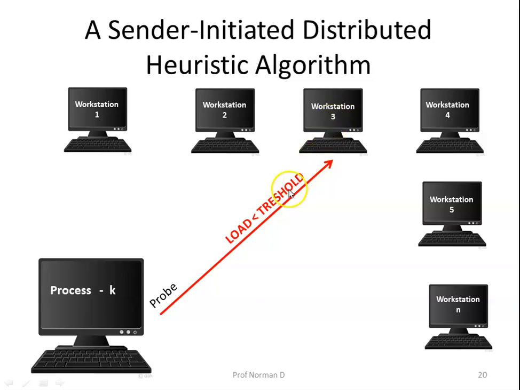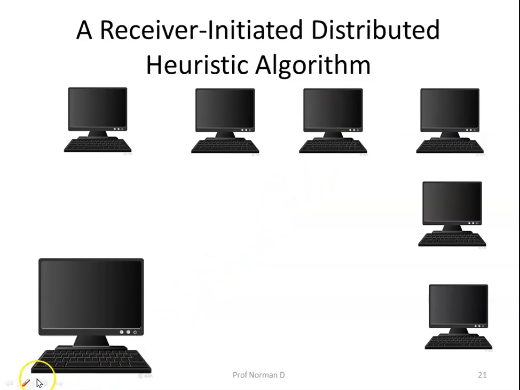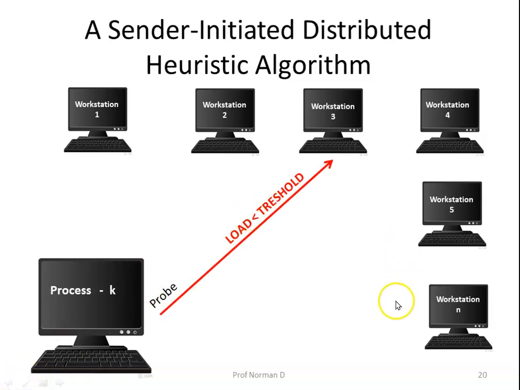So if the load is less, then this particular process will be sent to workstation 3. If not, then the probe message will be sent to the next machine, and so on. Now these probe messages can be sent only a fixed number of times.